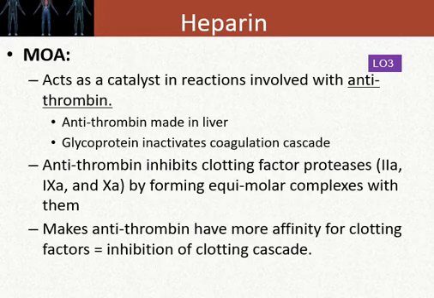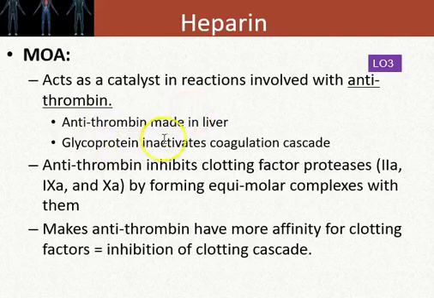Okay, so how do they work? So mechanistically, heparin actually acts like a catalyst, okay, in reactions that involve antithrombin binding to either thrombin or factor 10A, okay? Now remember, this antithrombin is the endogenous molecule that's the inhibitor of the coagulation cascade, and it's made in the liver, okay?